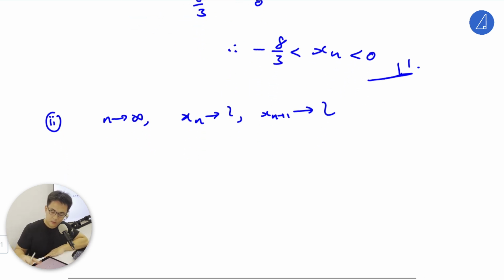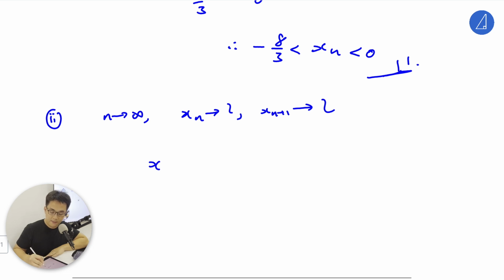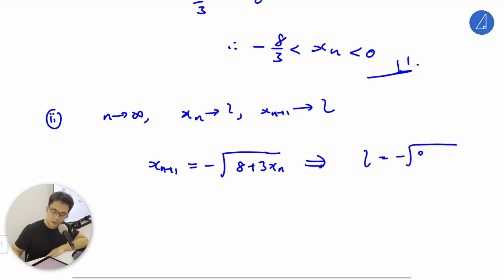Then this recurrence relation will just tend to L equals to minus root of 8 plus 3L.